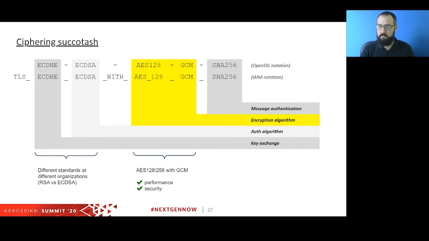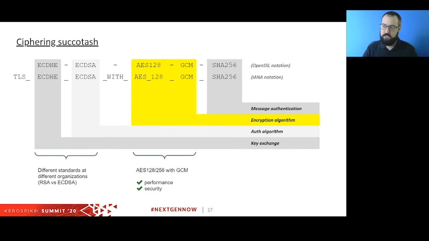The second point I'd like to make about the TLS Cypher Suites is Aerospike is using OpenSSL and thus configuring Cypher Suites using that notation. This is recognizable by the use of hyphens shown in the top line here. And other tools and libraries like Java, and oftentimes a security requirement or a document that's providing guidance on what types of Cypher Suites to use in what situations might use something known as the IANA notation.